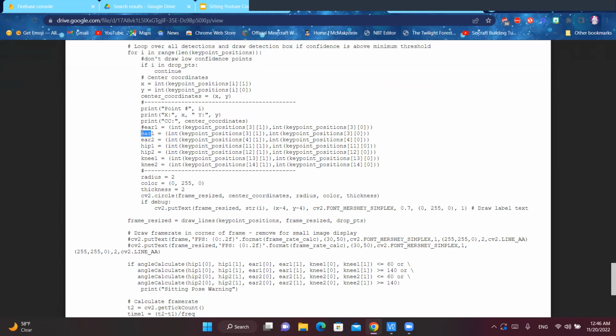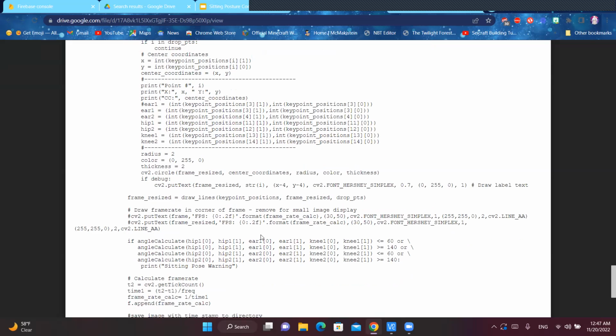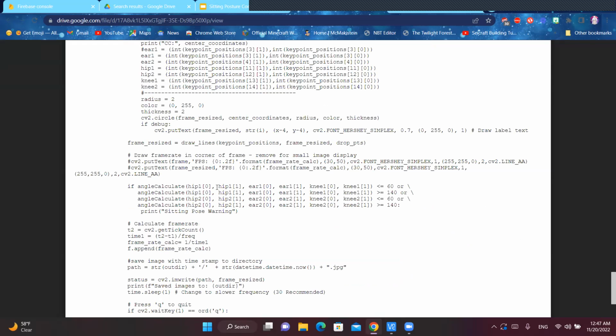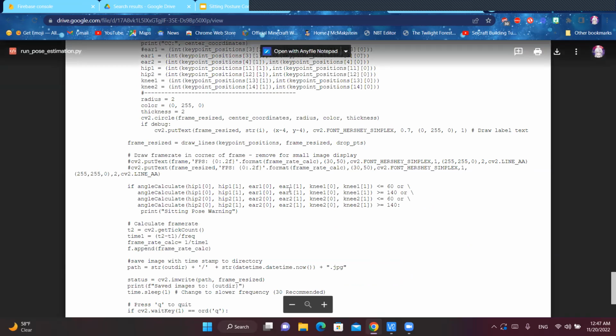At first I wanted to use the ear, but I think the shoulder was more accurate, so I changed to 3 to make it more accurate. And 4 means the right shoulder, and this is the hips, and one for knees. And we just input these numbers into here.